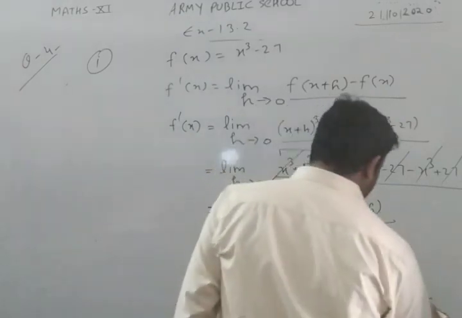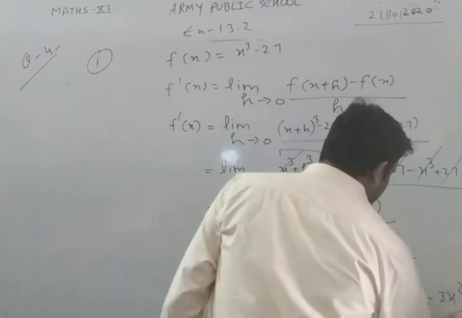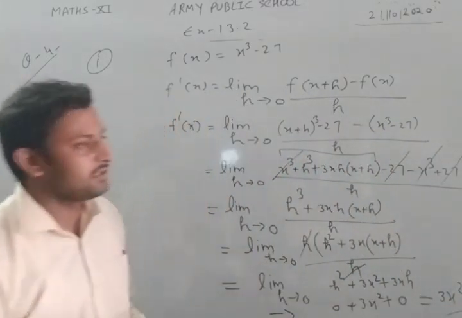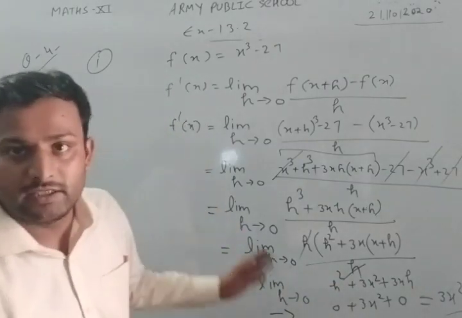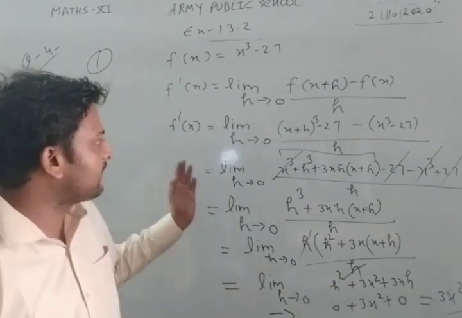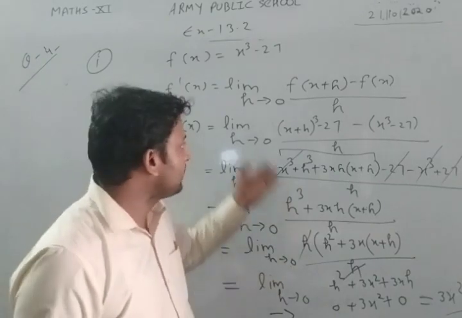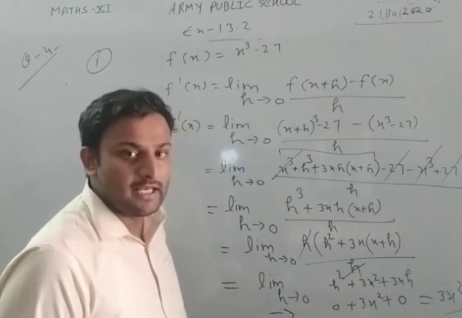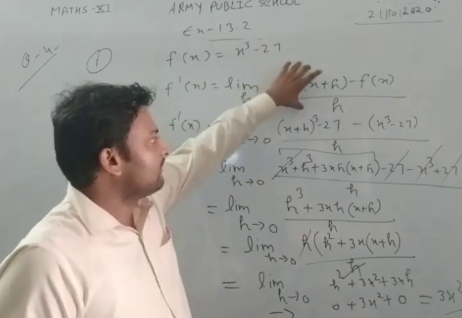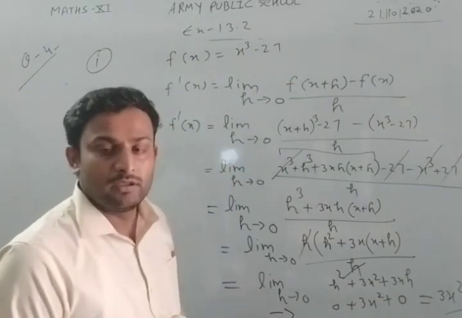So we are getting finally 3x square, and our result is 3x square. We have applied the same method, same technique, same pattern and solved this question x cube minus 27 and got the result 3x square by using the formula of first principle. Okay.